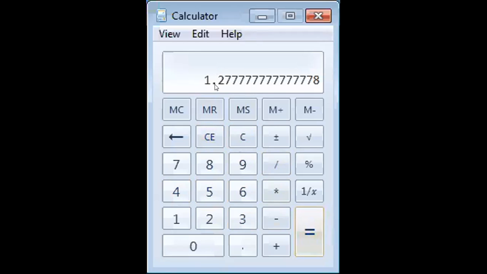This is 1.28 kilogram per second. So your m dot, the mass flow rate, is here.